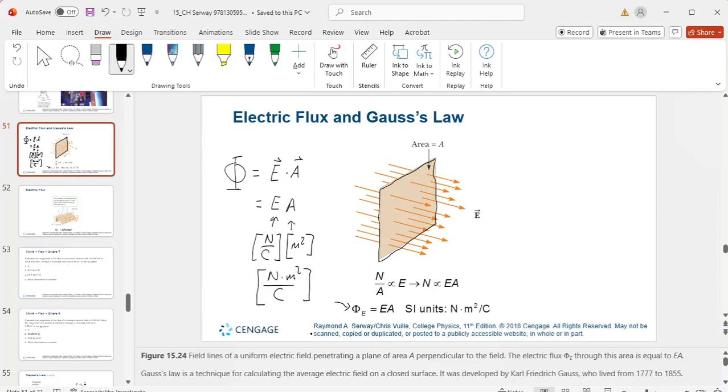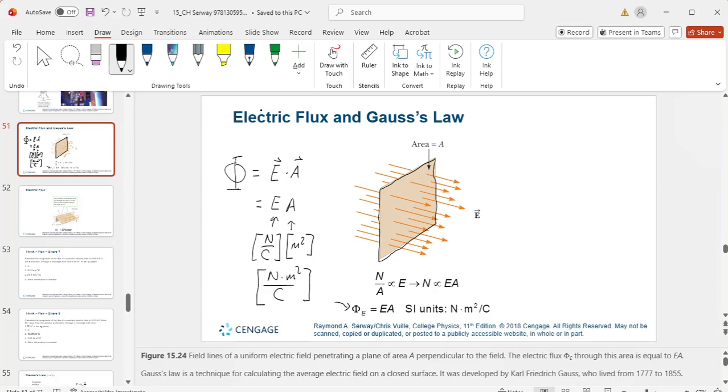Don't get too wrapped up in the abstractness of this. You just have a generic area in space. It doesn't have to have a physical window. It doesn't have to be a physical pane. It is just some generic area in space in which you are evaluating how much electric field is penetrating through it. And that is the entire idea of flux.